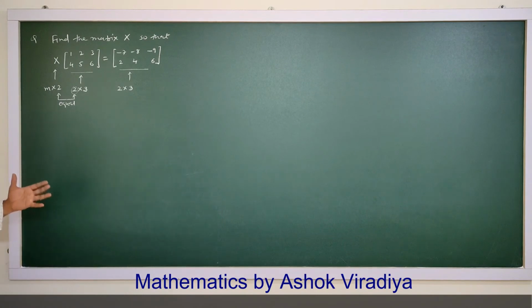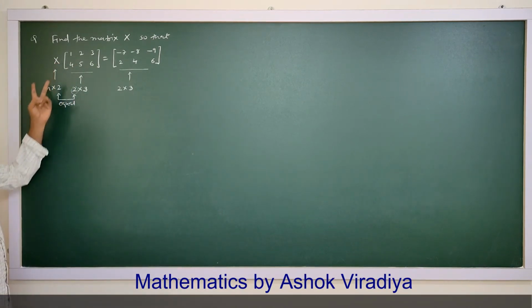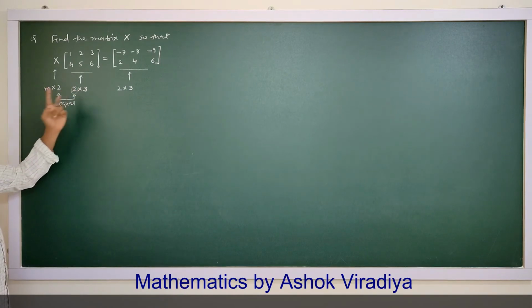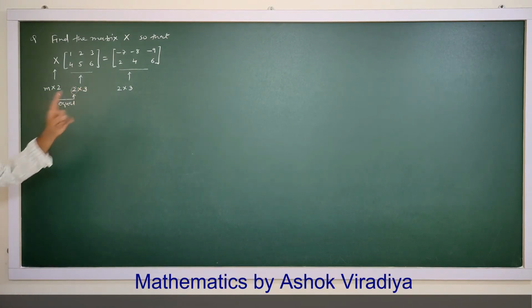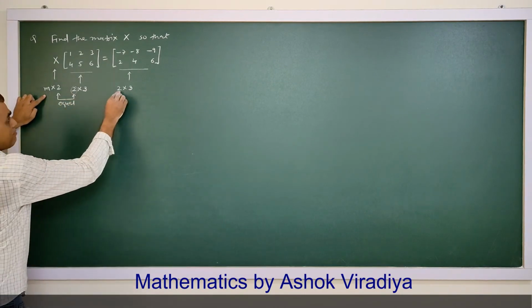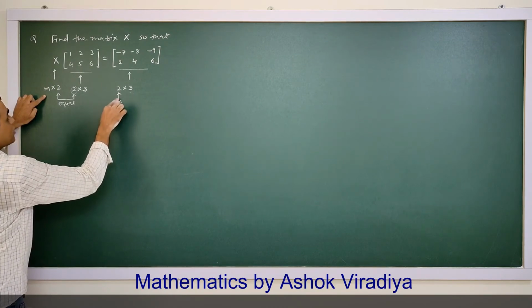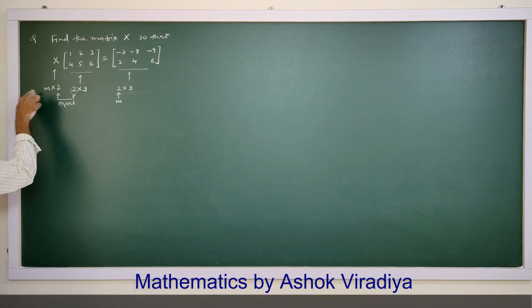And as we discussed, when two matrices of this order are multiplied, its product will have order m by 3. So this is m by 3. So what is m? m is 2. So this value should be 2.